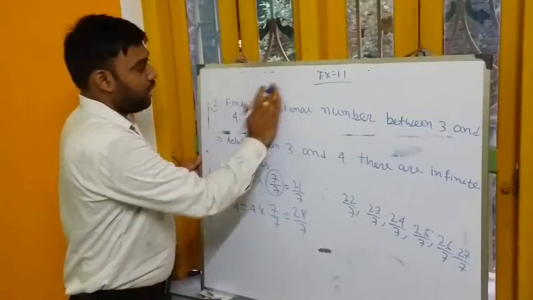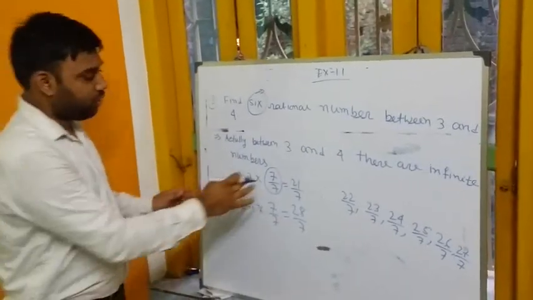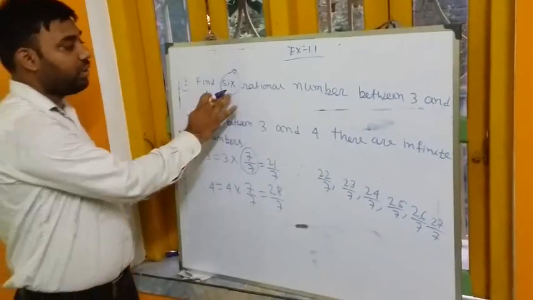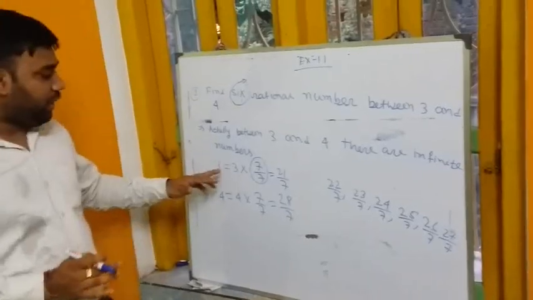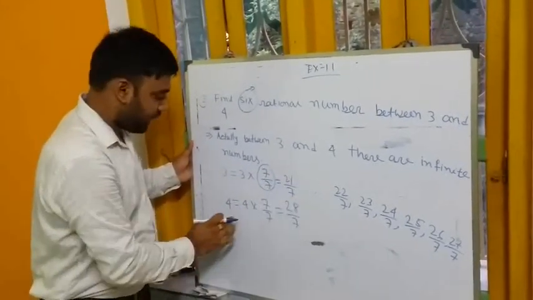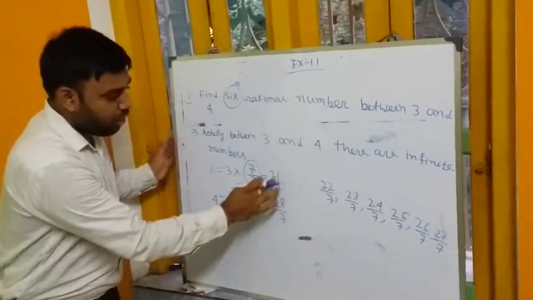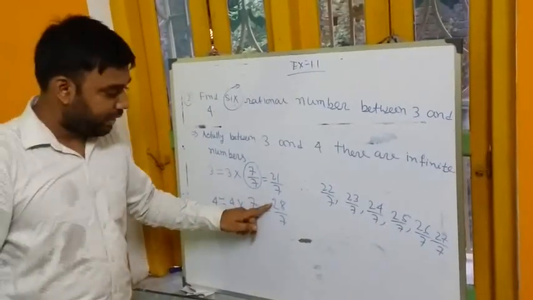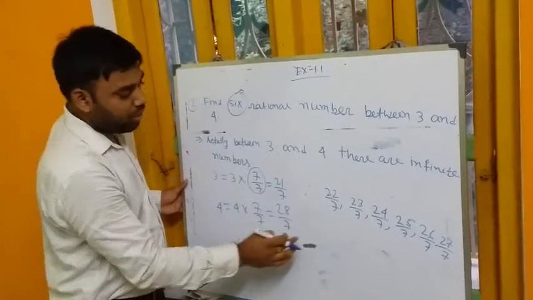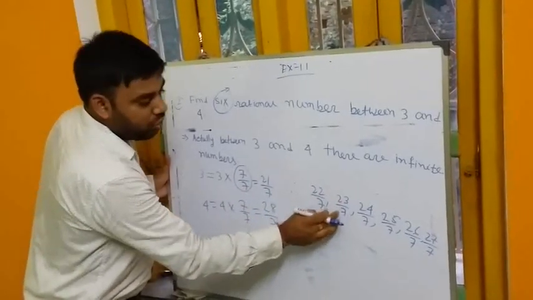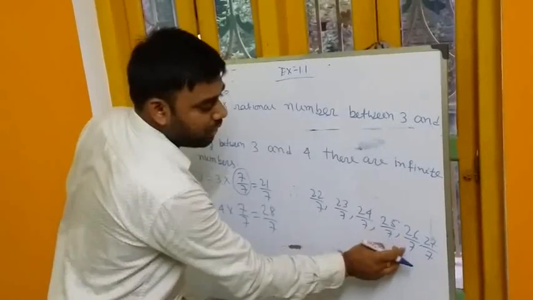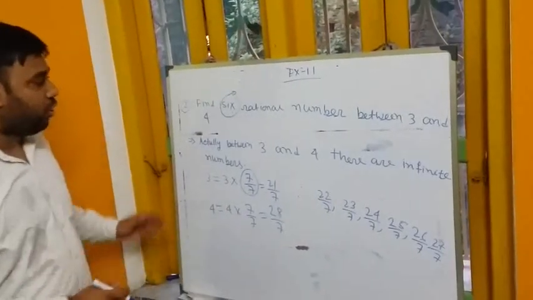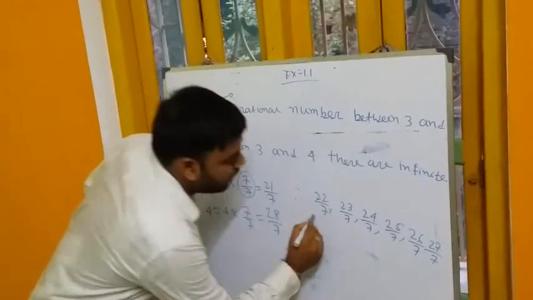If we want 5 rational numbers, that will be 6 by 6. So what is to be multiplied depends on the number you are asked. So 3 into 7 is 21 by 7, and 4 into 7 is 28 by 7. Between 21 by 7 and 28 by 7, 21 by 7 means 3 and 28 by 7 means 4. So between these two numbers: 22 by 7, 23 by 7, 24 by 7, 25 by 7, 26 by 7 and 27 by 7. 6 numbers are here. So between 3 and 4 these numbers lie.